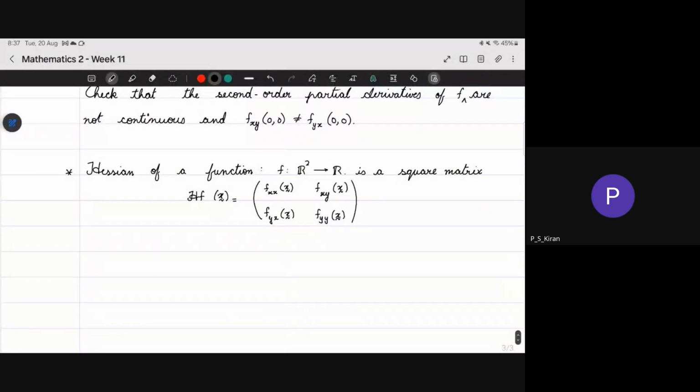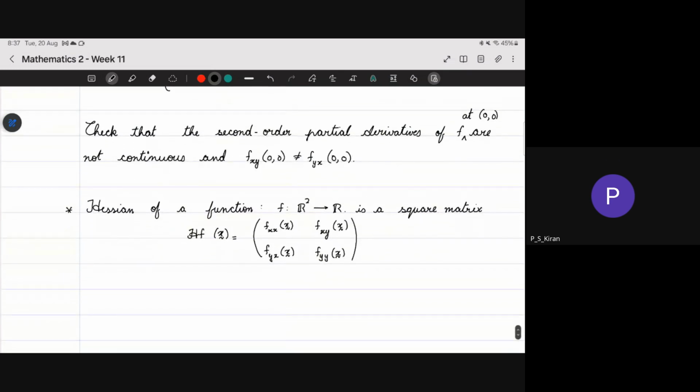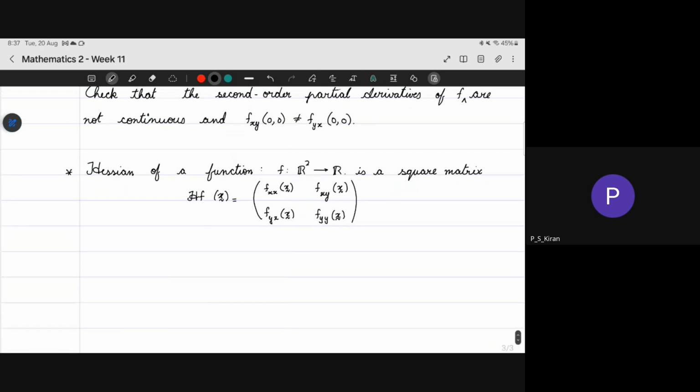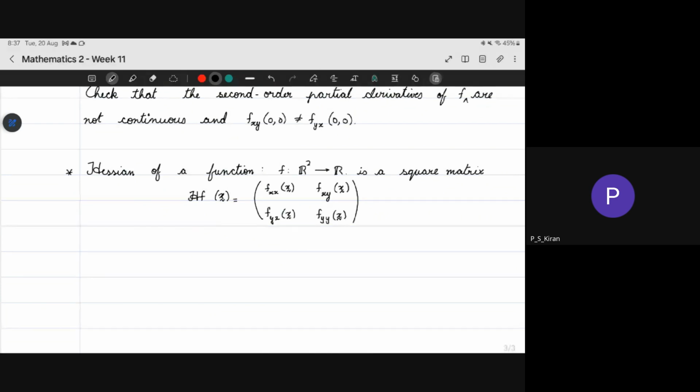So this is a matrix, as we saw earlier, that if I have a scalar valued function with n variables on the domain, then we have n squared second order partial derivatives. If I put them all in a matrix, that is called the Hessian matrix, and that is the notion of second order derivative of a scalar valued function. So this captures some sort of total second order derivative.